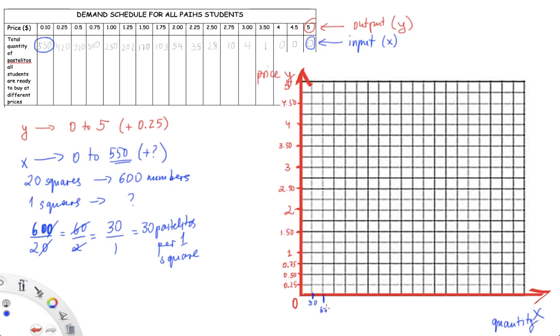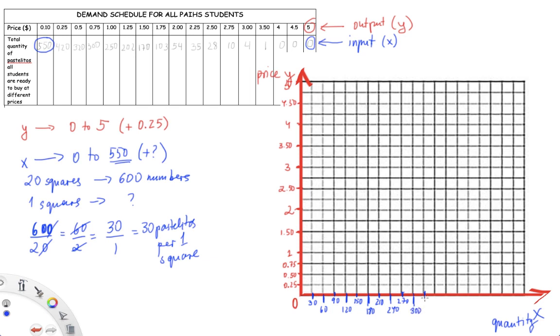Then we're going to have 60 pastelitos, then 90, 120, 150. I keep adding 30, 180. This will be 210, 240. This will be 270, 300 pastelitos.